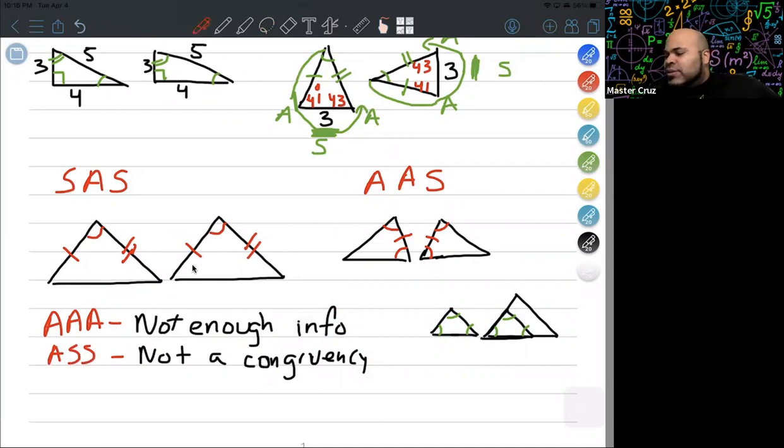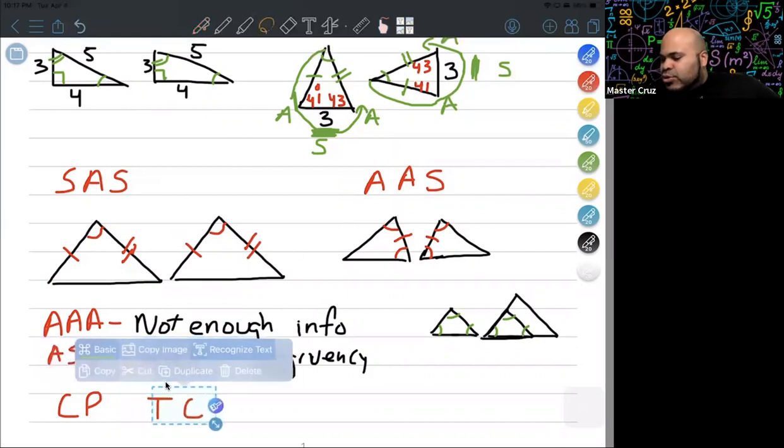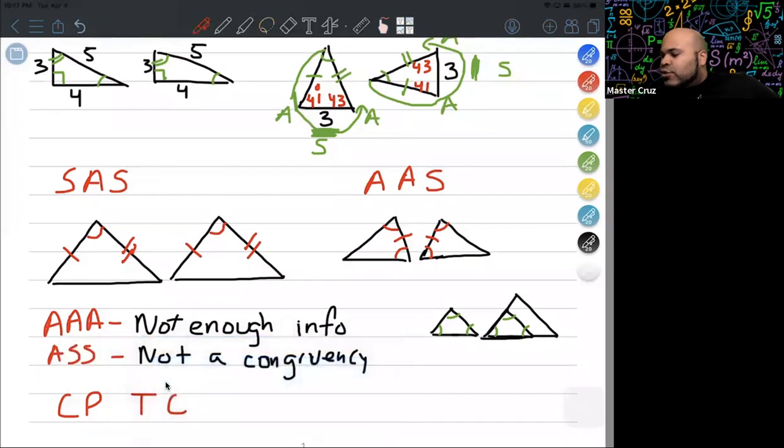The last type of congruency is that congruent parts of congruent triangles are congruent. It's very important to understand that. This is important to know.